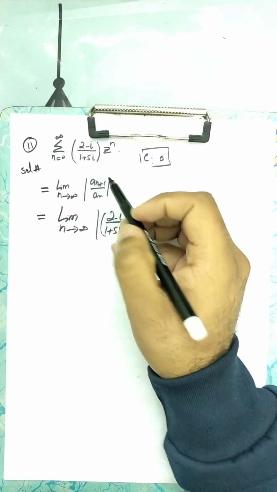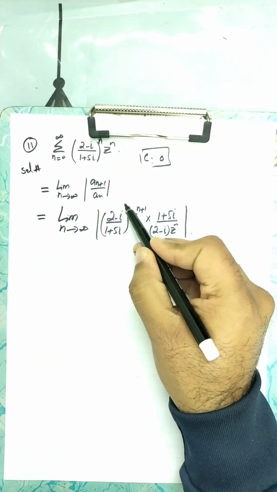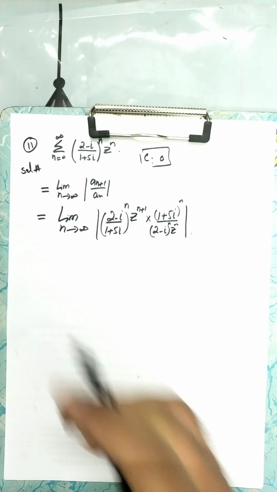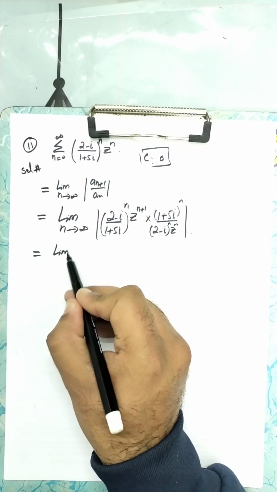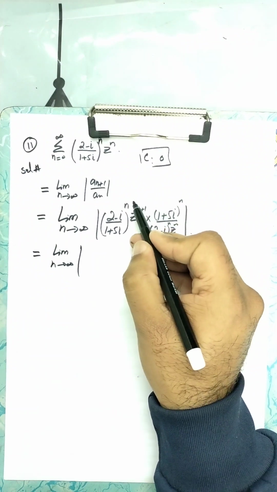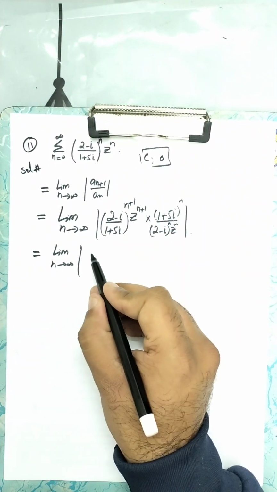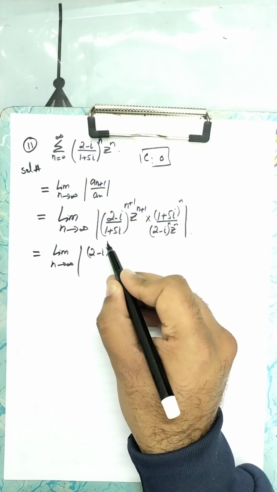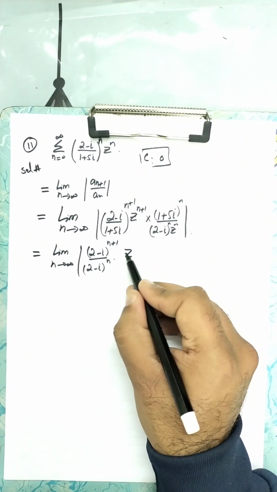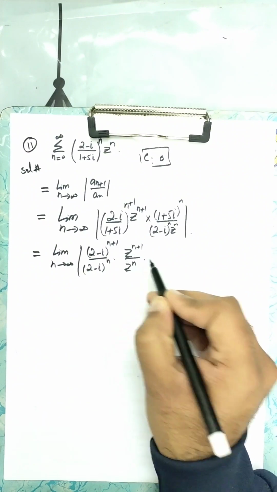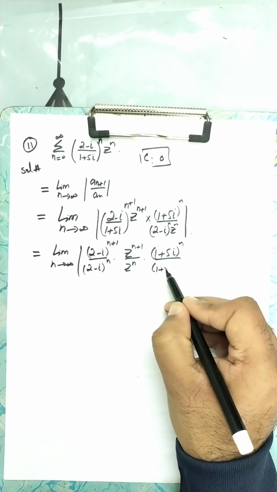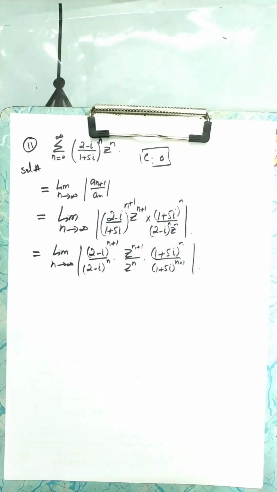Some type of mistake here. This is a power n. So this is power n, and this is whole power n, and this is power n. So this becomes limit n approaches infinity, and this is power n plus 1. So we solve this: 2 minus iota to the n plus 1 over 2 minus iota to the power n, times z to the n plus 1 over z to the n, times 1 plus 5 iota to the n over 1 plus 5 iota to the power n plus 1.